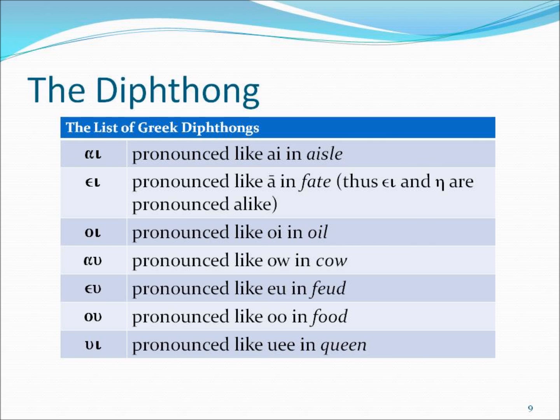And the last diphthong that you'll be needing to memorize is an upsilon iota, and this is pronounced like the UEE sound, as in queen, has a we sound to it. These are the 7 diphthongs that you will need to memorize.